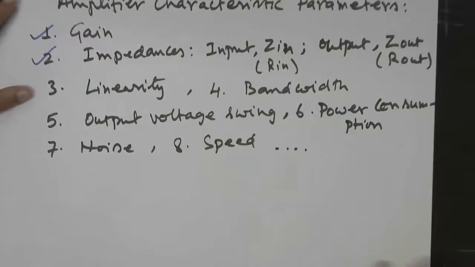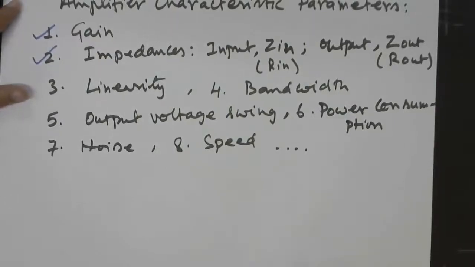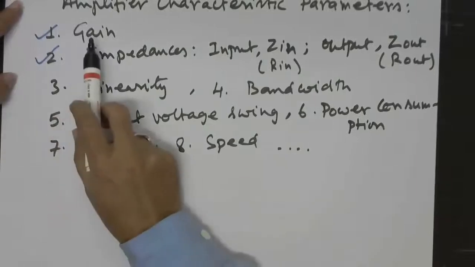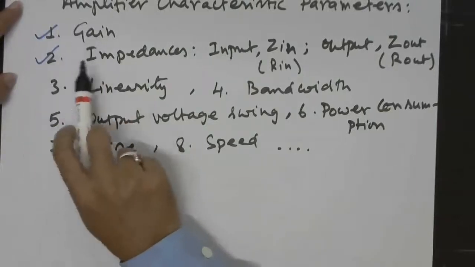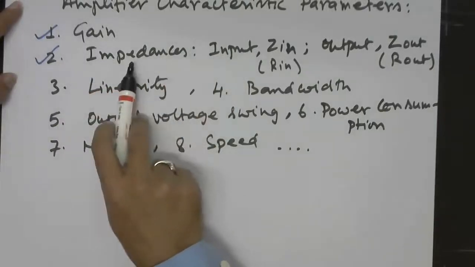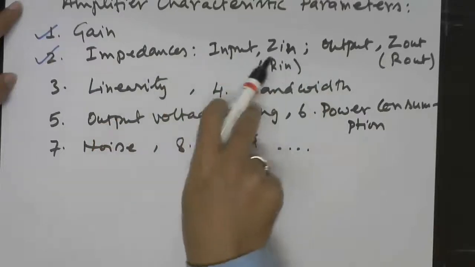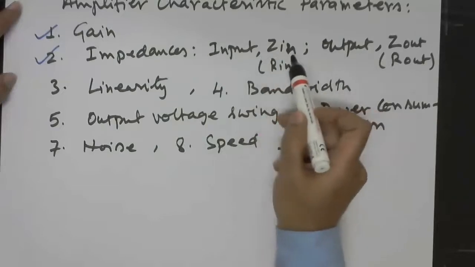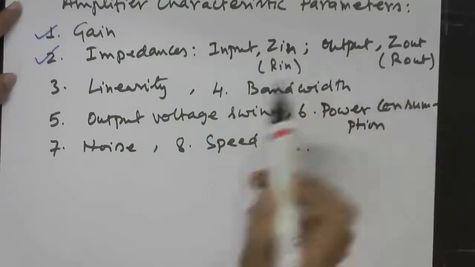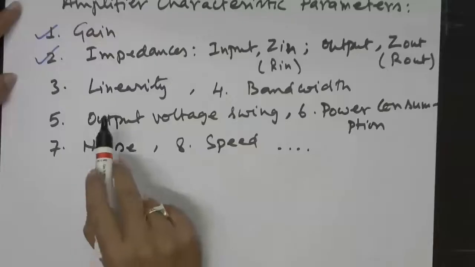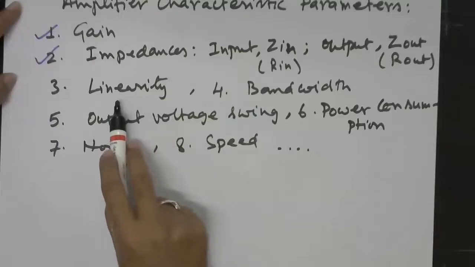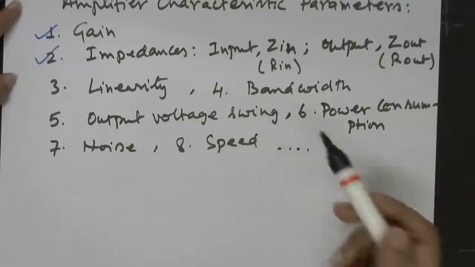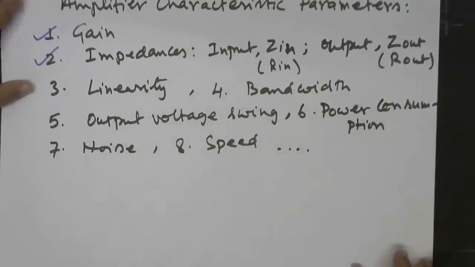So now we will take up an example of an audio system. We will revisit that example and then try to define this gain and appreciate the importance of impedances. So first will be what is the meaning of these impedances, and then why we bother about these impedances. And then we will also through that example try to appreciate what is the importance of linearity and bandwidth also.